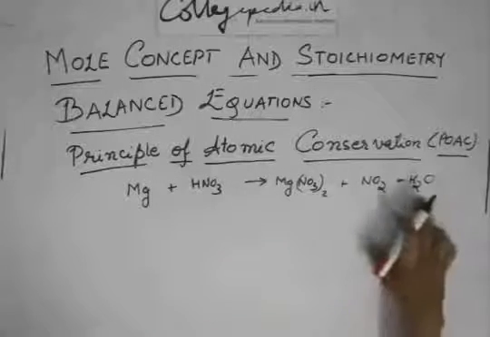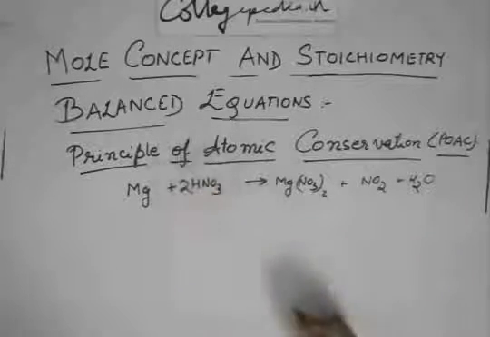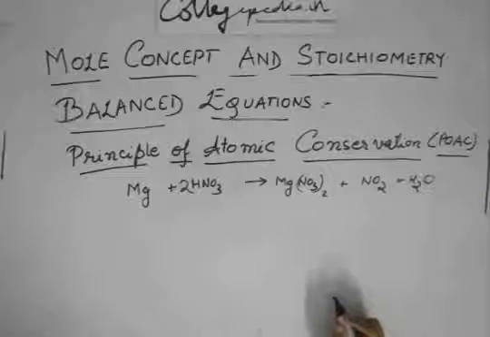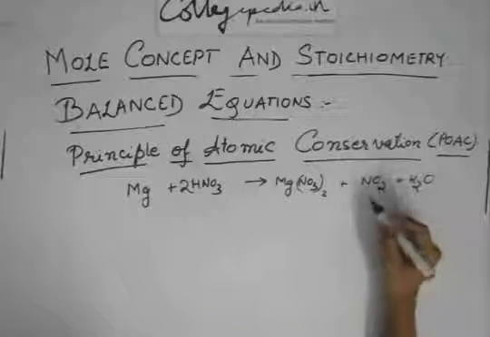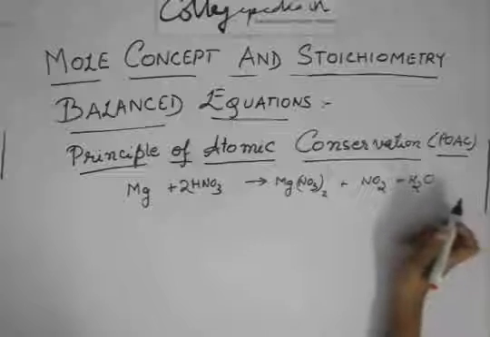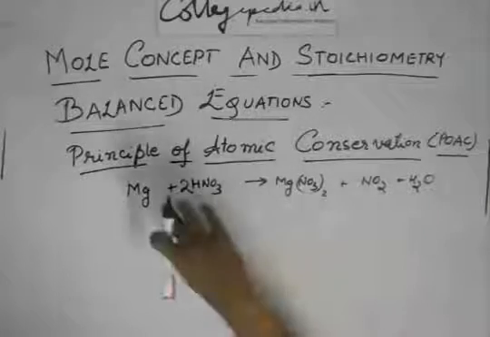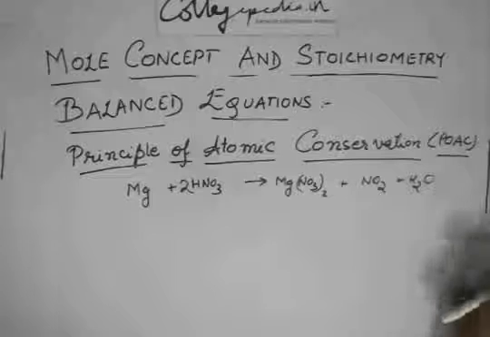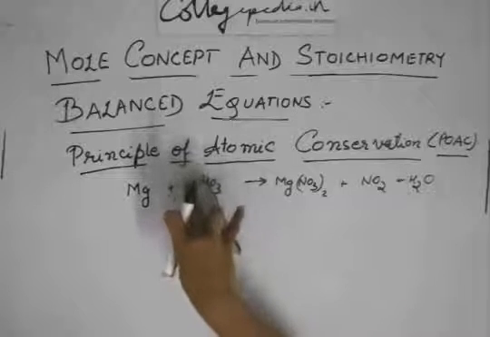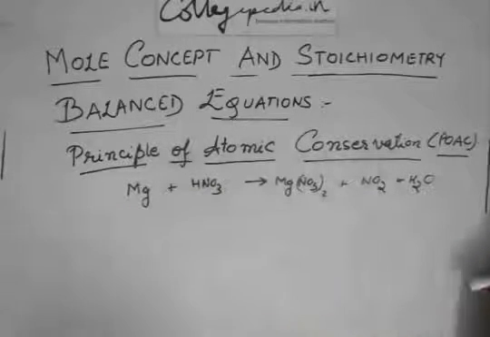What is not balanced is H. So let's put a 2 over here, and then still NO3 whole twice, again NO2 is there, O is there. So again you will have to remove this 2, put something else, and then it will take a bit of time for balancing this by hit and trial.